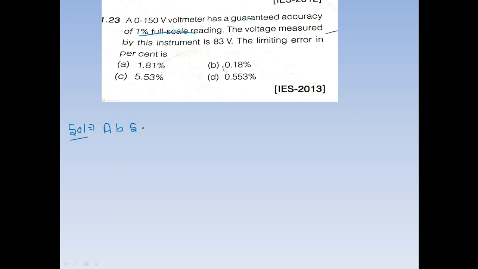If you want to find the absolute error, it is 1% of the full scale reading. We have to take the value of 1% of full scale reading, so 1% of the full scale reading is our absolute error.